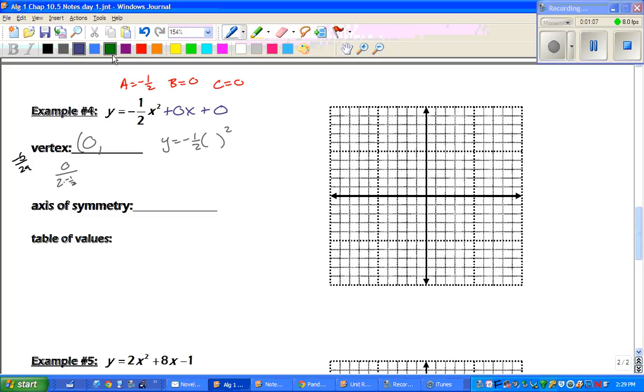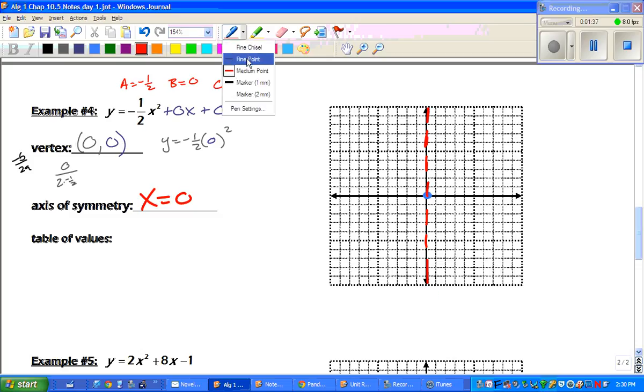When you're plugging in 0, 0 squared is 0, and negative 1/2 times 0 is 0. So our vertex is (0, 0), so let's put that point in. And now the axis of symmetry, where we just steal the x coordinate, is x equals 0. So go ahead and draw your line in.